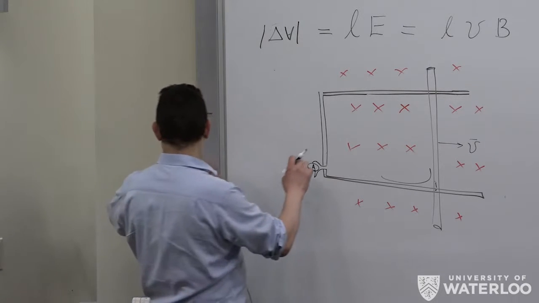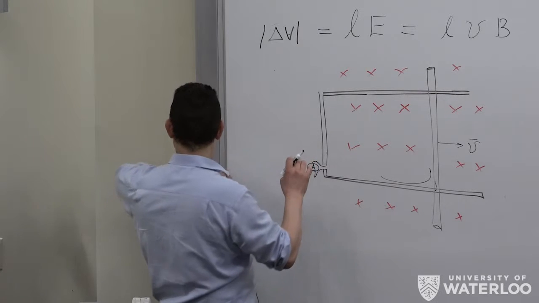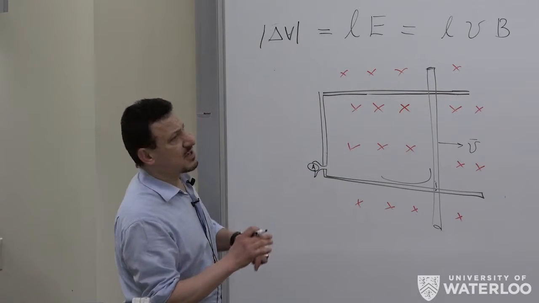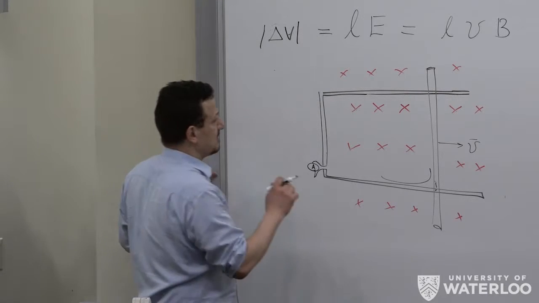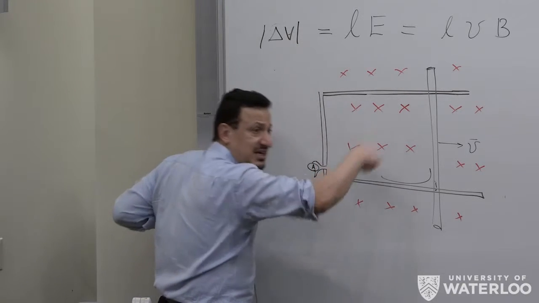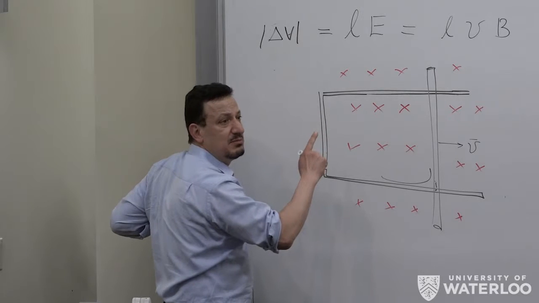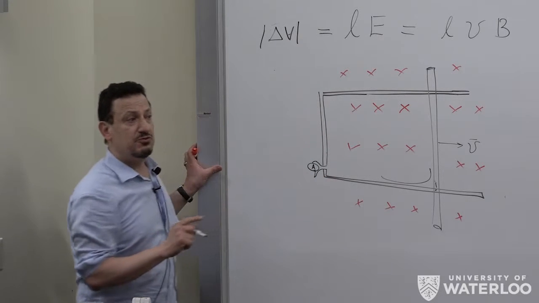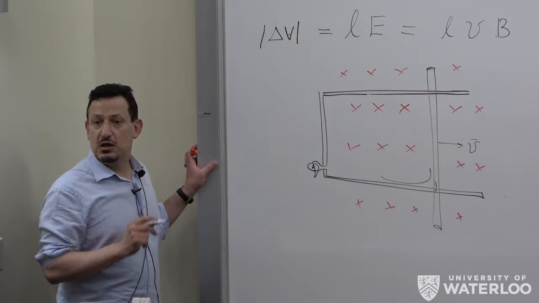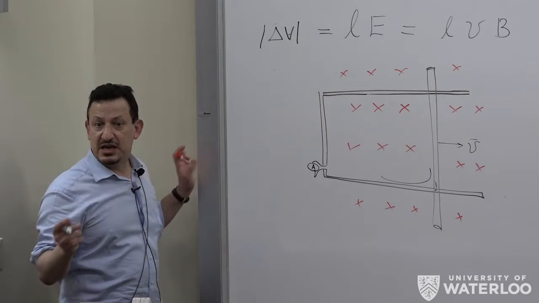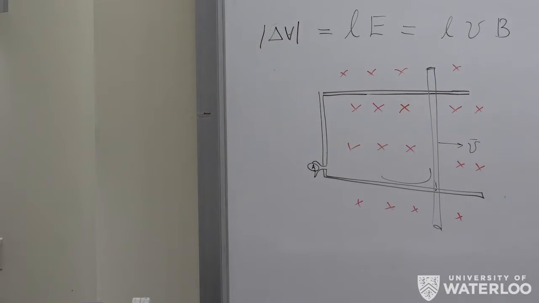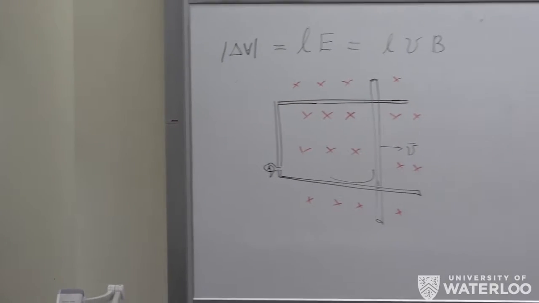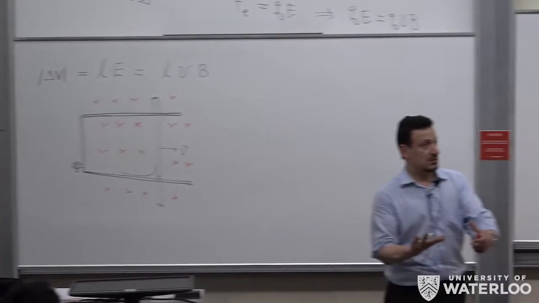So what have we done so far? We created a current based on the movement of the bar. There's another way to look at it: I have a loop in which the net magnetic field that is piercing that loop is changing.